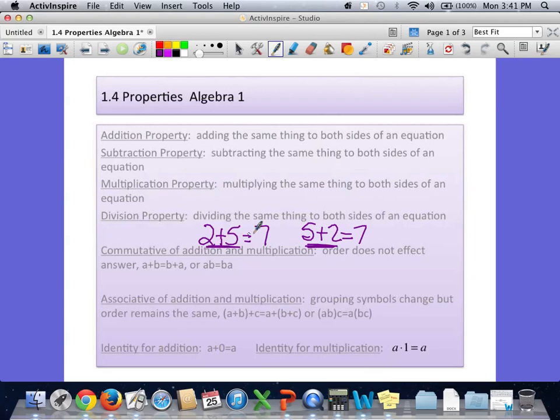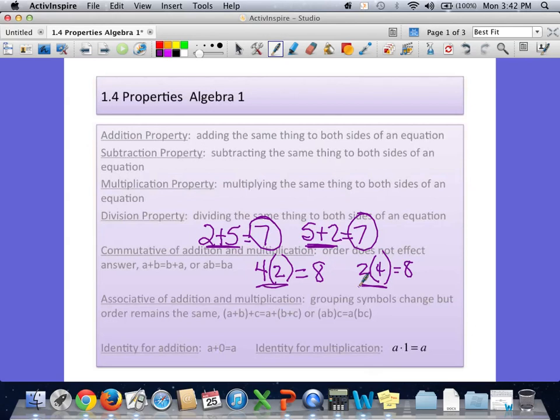So you notice we switched the order, but the outcome of 7 was the same. Same with multiplication. You can multiply 4 times 2 and get 8, as well as 2 times 4 and get 8. You get the same outcome, but the order changed, and that's fine. That only happens commutatively, addition or multiplication. Subtraction and division do not work.